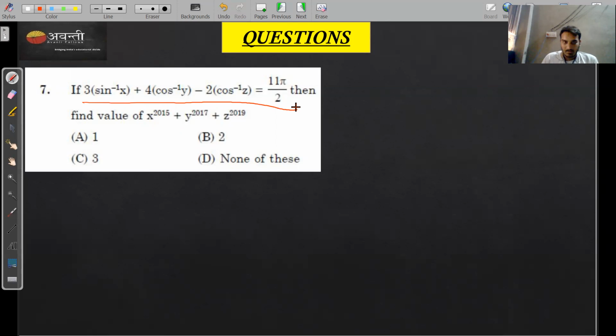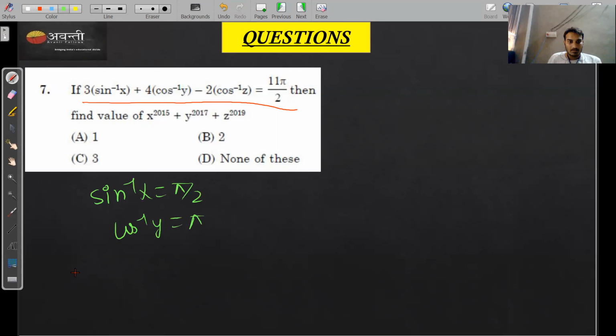See, what I'm doing is, if I put my sine inverse x as pi by 2, and cos inverse y is pi, right? They are the maximum values of sine inverse and cos inverse. Don't consider cos inverse z for now, just focus on these two.